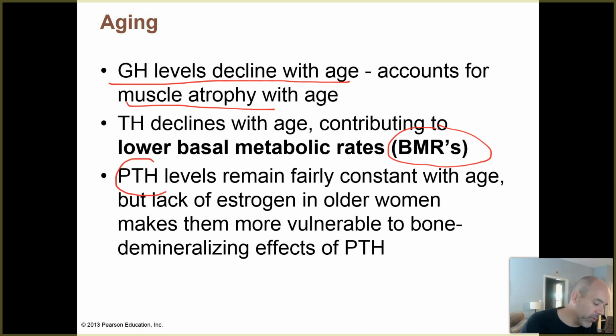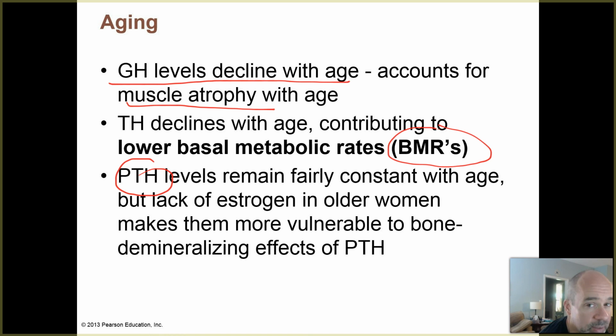PTH, parathyroid hormone, interestingly, those levels remain pretty constant with age, but PTH tells your osteoclasts in your bones to harvest calcium out of the bone matrix. Remember, those osteoclasts are kind of like Pac-Man cells that dissolve the bony matrix and release the calcium out of there and return it to your body fluids.